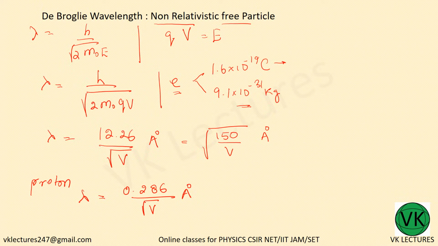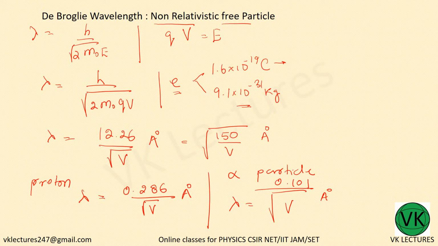Now suppose instead of this proton, you have an alpha particle. What is the change? Let us see. For an alpha particle, lambda will be equal to 0.101 by root V Angstrom.